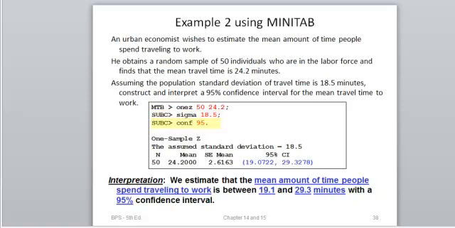We could put either 95 or 0.95; Minitab will understand both. When we hit enter, out will pop what you see at the bottom there, 1-Sample Z, and you can see your confidence level in there. So we estimate that the mean amount of time people spend traveling to work is between 19.1 and 29.3 minutes with a 95% confidence level.